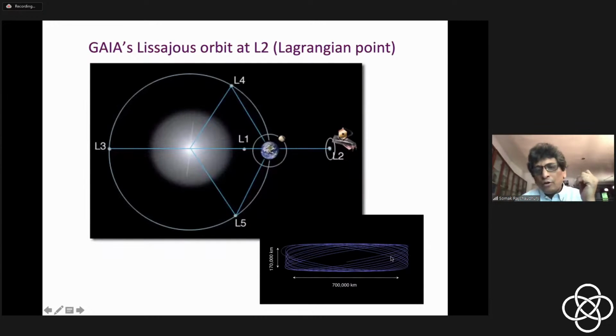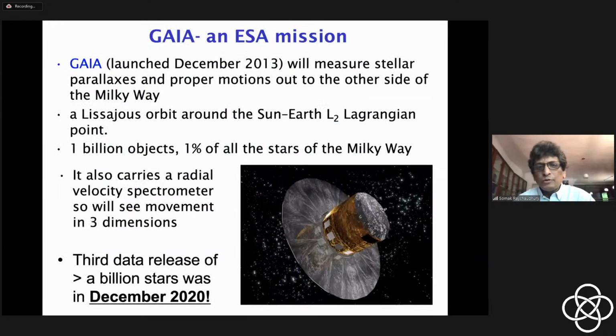Secondly, because it has a Lissajous orbit, every time it comes back, it doesn't come back to the same point, and so it has a different direction from which it is looking at the stars. So it is an independent measure. So in this very complicated orbit, it can have many independent points of measure, and as a result, it has built up this most amazing database of stars.